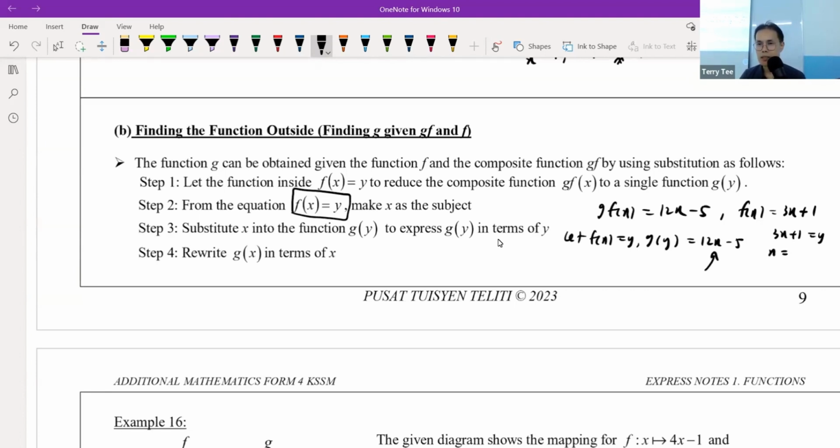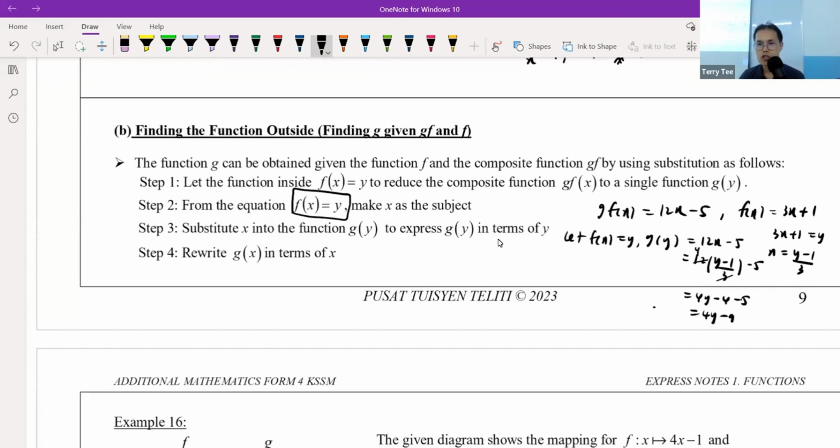We just have to make x the subject. If I make x the subject, I can substitute inside: y minus 1 over 3, let's say minus 5. You can cancel, this is 4. You times in, you get 4y minus 4 minus 5, which is 4y minus 9.